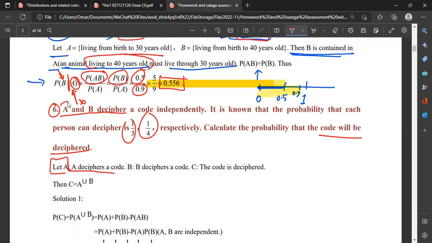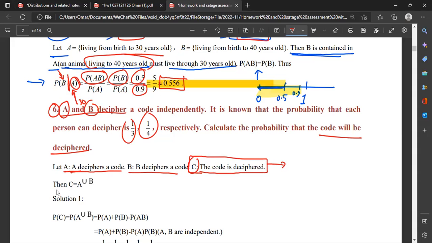Okay, so here we have two persons, A and B. Let A deciphering the code be A, and B deciphering the code be B, and C is that the code is deciphered. That means for C we don't consider whether it is A or B. We just consider that the code is deciphered.